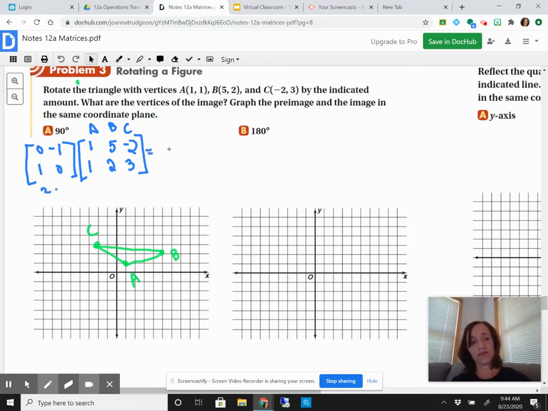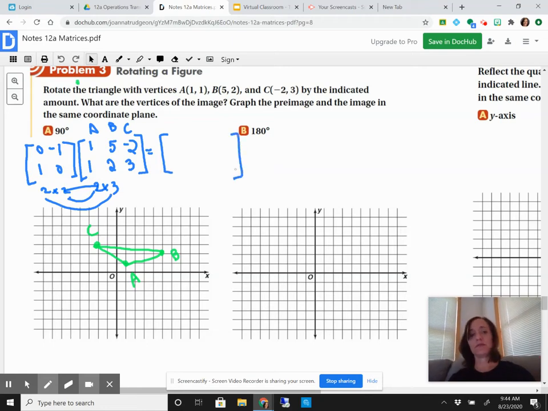A 2 by 2 times a 2 by 3 works, so I can do it. This is why you have to do it in this order. You can't put the triangle coordinates first, times the rotation matrix, because then it wouldn't set itself up like this. You'd have a 2 by 3 times a 2 by 2, and that wouldn't work. So your answer is going to be a 2 by 3.